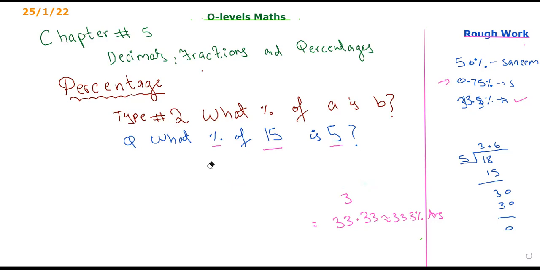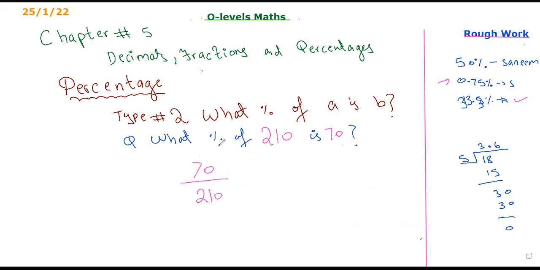Let's do another example because it looks like this concept is not very clear. What percent of 210 is 70? What is the small number? 70. What is the big number? 210.